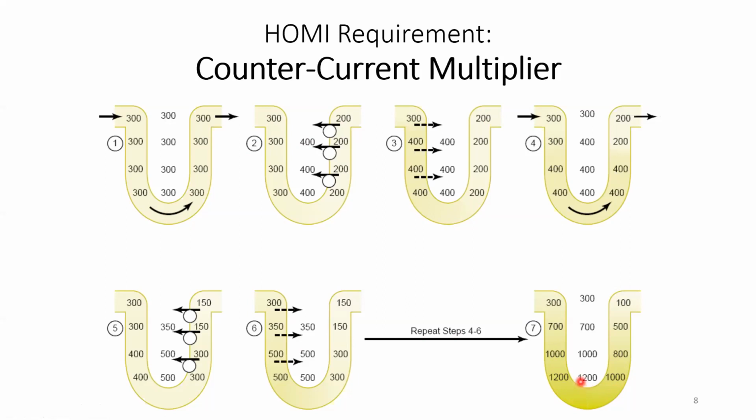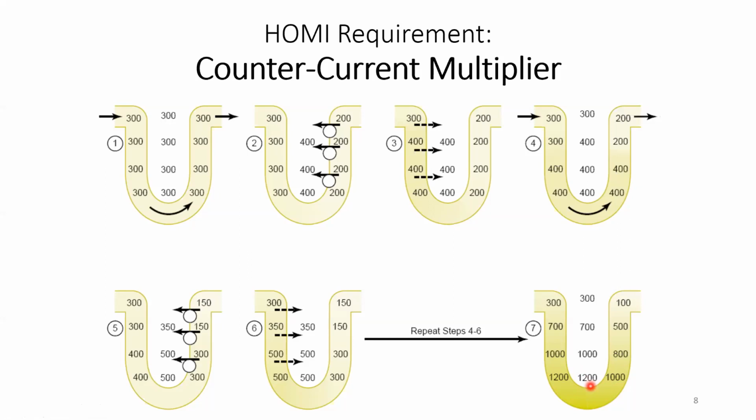In fact, this is the upper limit of HOMI. HOMI can be concentrated up to 1200 milliosmoles, and consequently, osmolarity of urine can be raised up to 1200 as well, not above that. So here you pick up the concept of HOMI dictating the osmolarity of the urine.